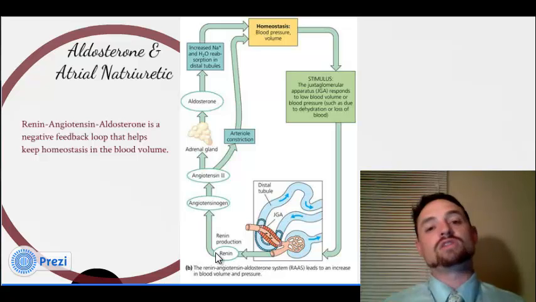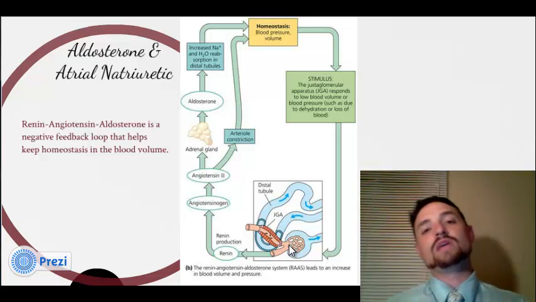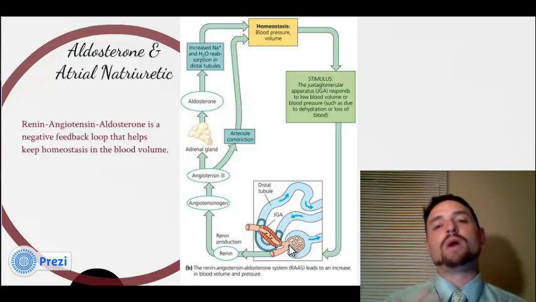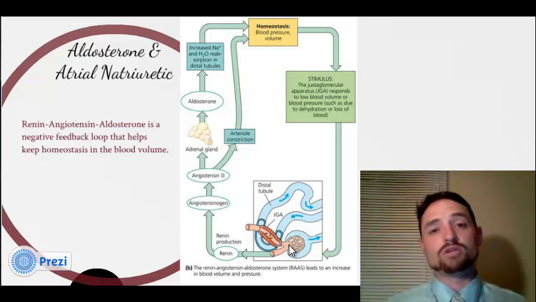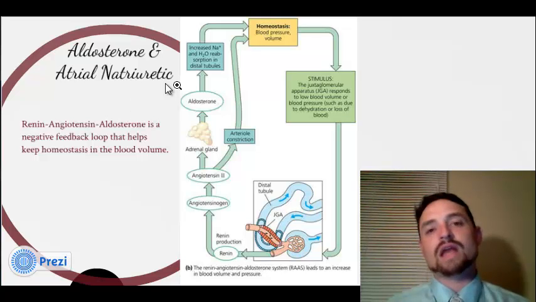So you get also a negative feedback loop. So you get something going on here that's lower than it should be, and it will be increased with a series of reactions to bring it all back into focus. So both of these are hormones that are released in the blood supply that help keep the blood volume what it should be.